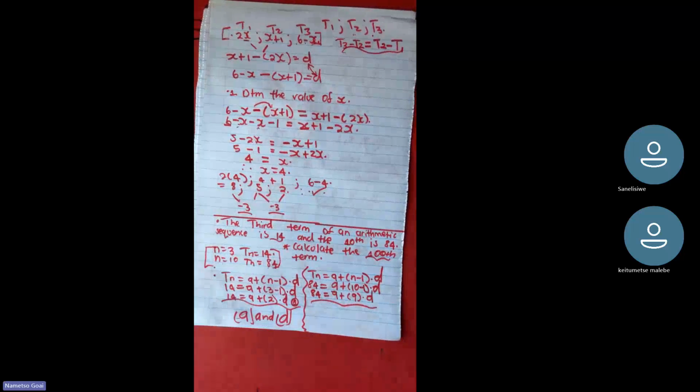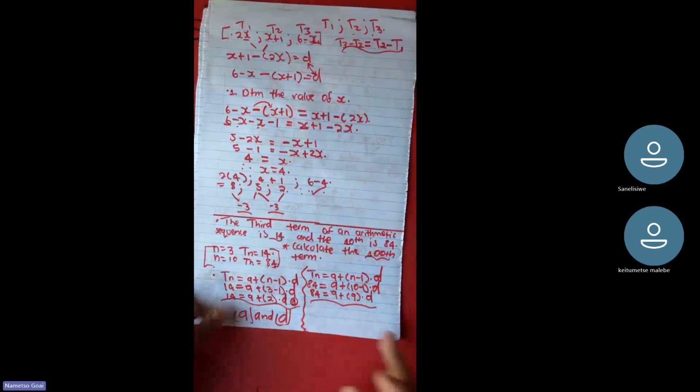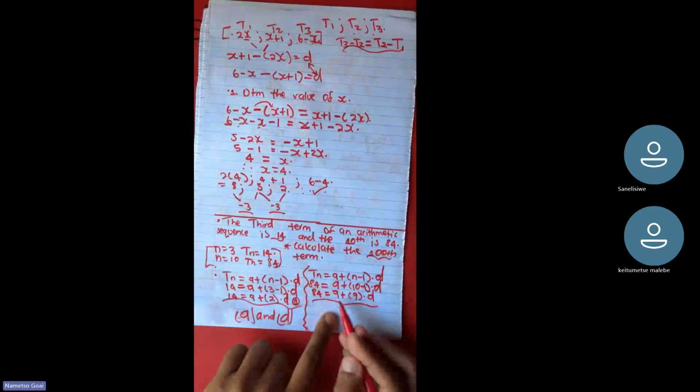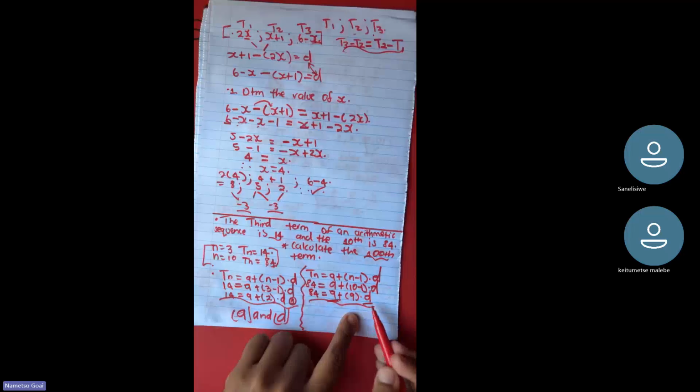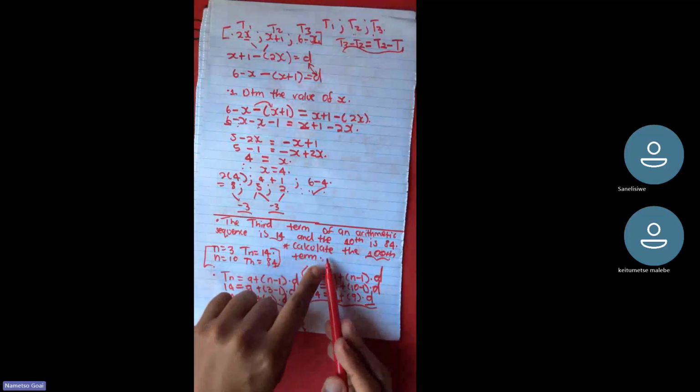So we can use simultaneous equations. You're going to see how we're going to do that. Use simultaneous equations to solve for A and d, and then we'll be able to compute this question over here. So let's do that now.